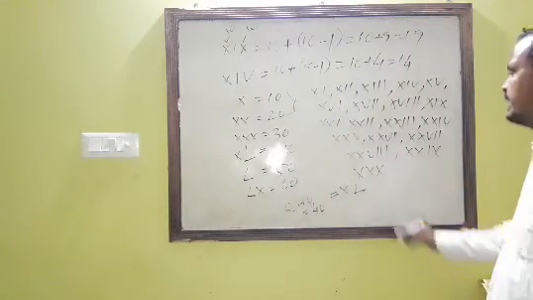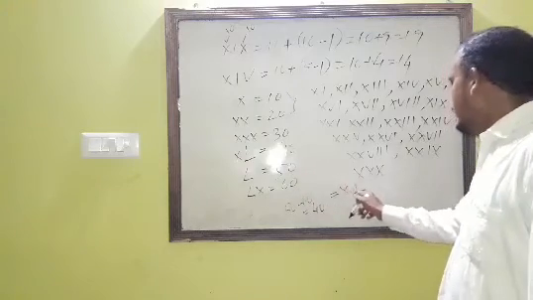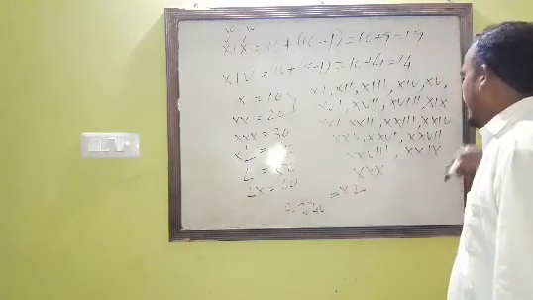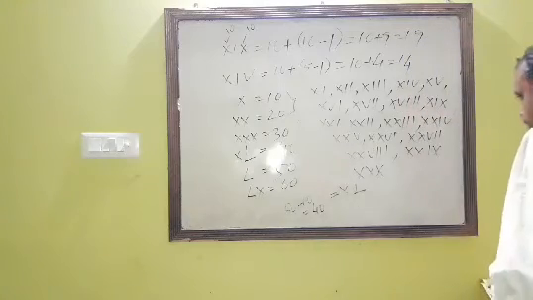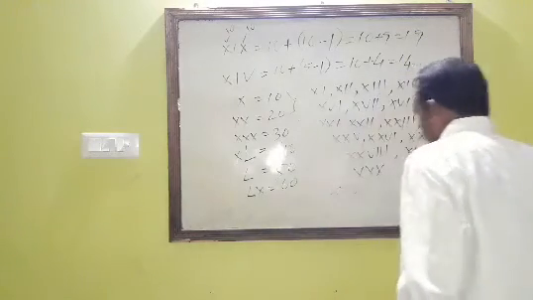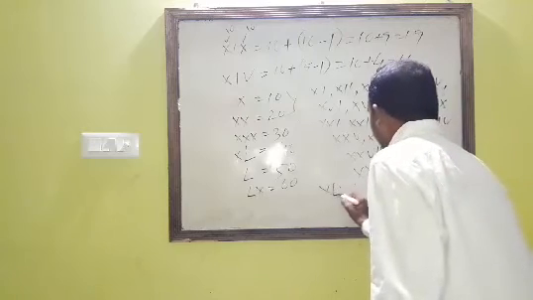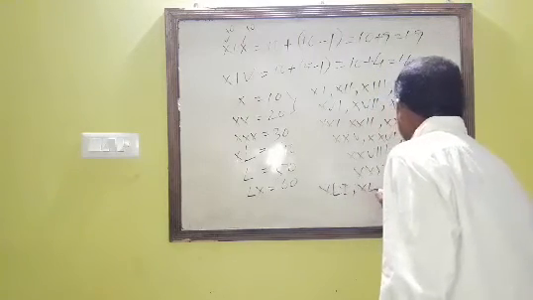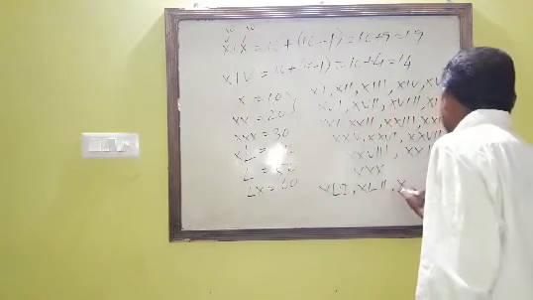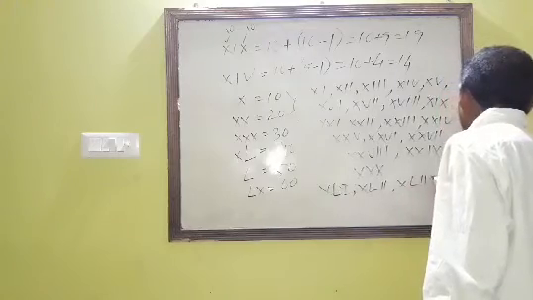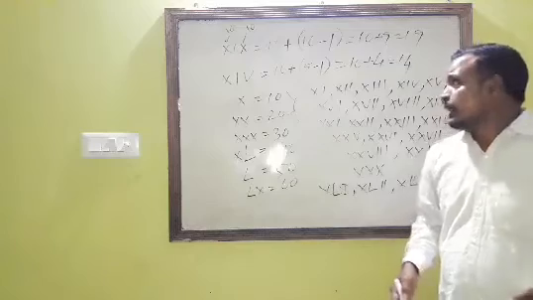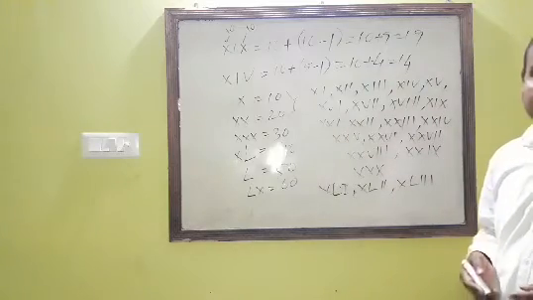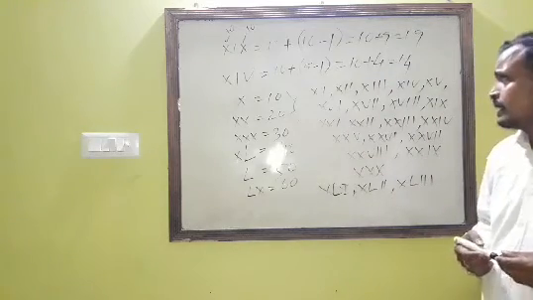Okay, so in between XL and L, you have to write XLI, XLII, XLIII in the similar manner. Okay, so these are the basic rules about writing the Roman numerals.